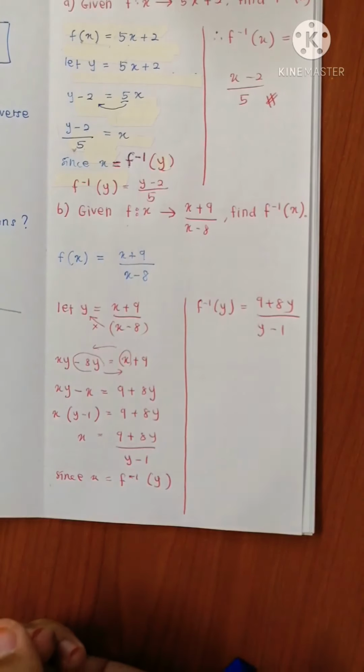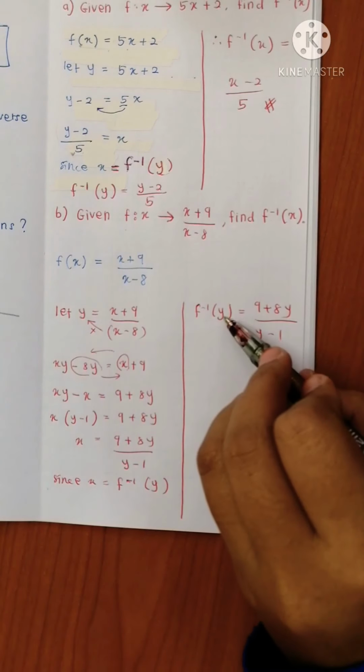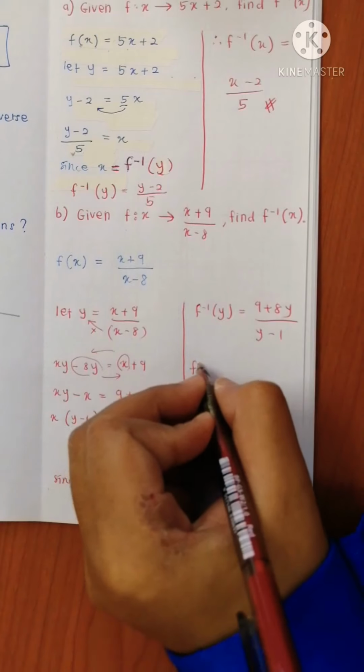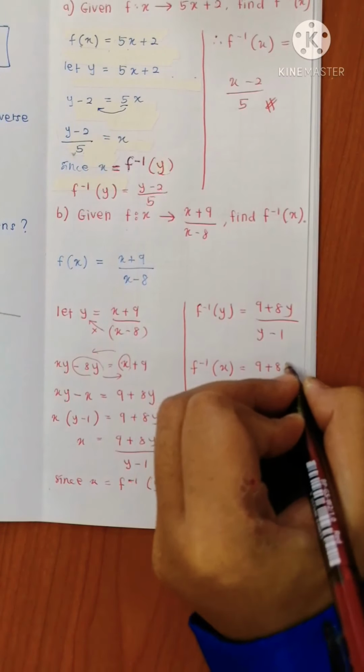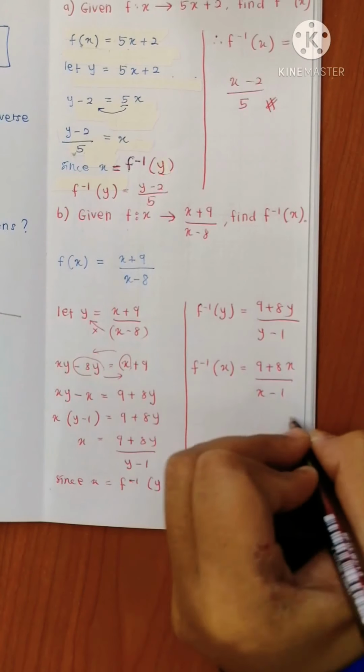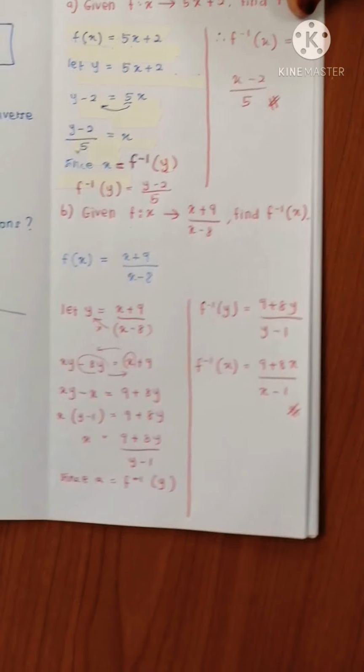And then we substitute the variable y with x. So f negative 1 of x is equal to 9 plus 8x over x minus 1. So done already. Just like that.